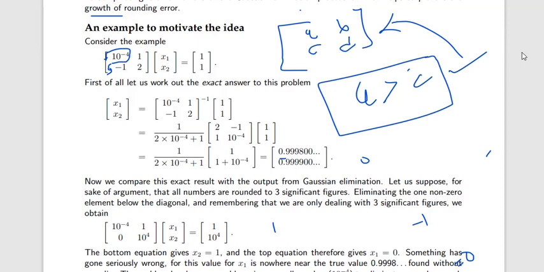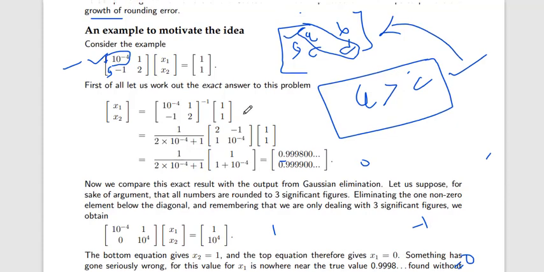It is compulsory that the diagonal value is larger than the value below it. Here you can see this is the smallest number, 10 raised to minus 4, and minus 1 is much larger than 10 raised to minus 4. So with the help of Gaussian elimination, this method will not work.